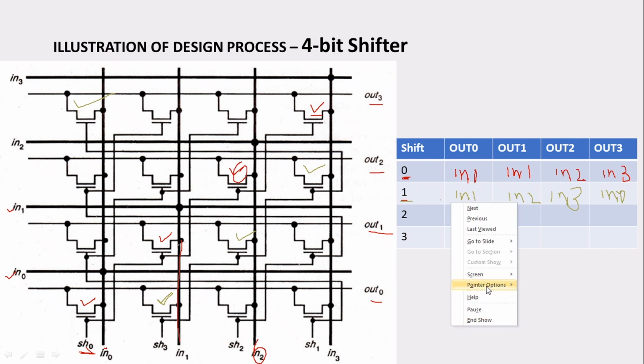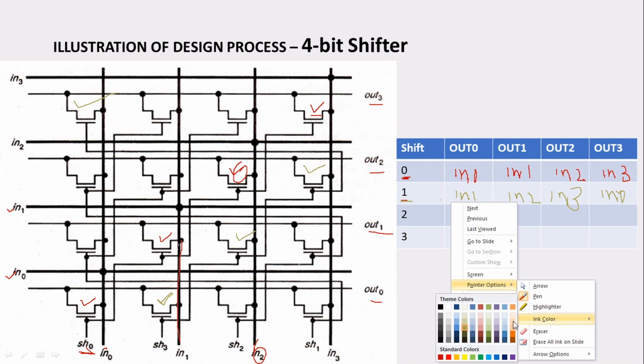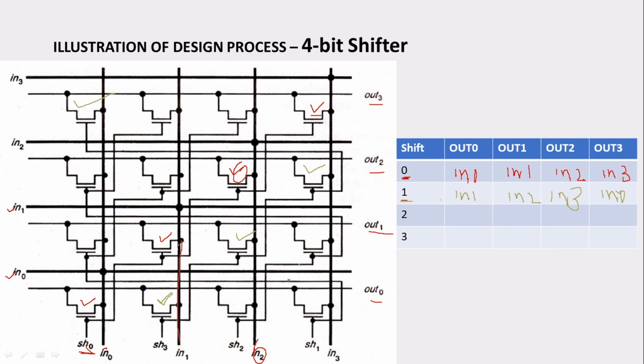In a similar way, let us look into a different case. When you have shift 2 operation, this particular transistor is high, so it will be IN2, and this particular transistor is high, so it will be IN3.